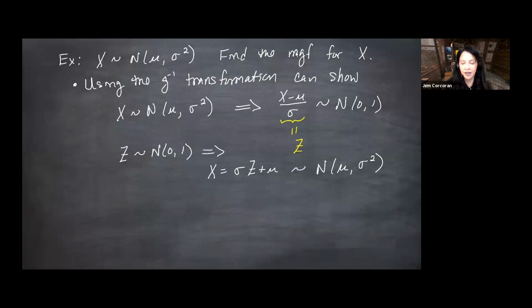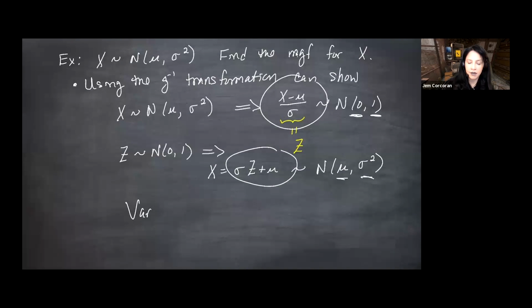And the fact that the mean and variance become 0 and 1 when you make this transformation, and become mu and sigma squared when you make the other transformation, should not be surprising. Because you can compute, for example, if you have X normal(mu, sigma squared), then the variance of (X minus mu) over sigma, you can pull out that constant 1 over sigma, but it comes out squared.